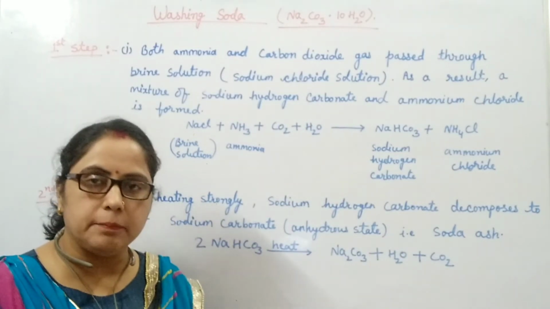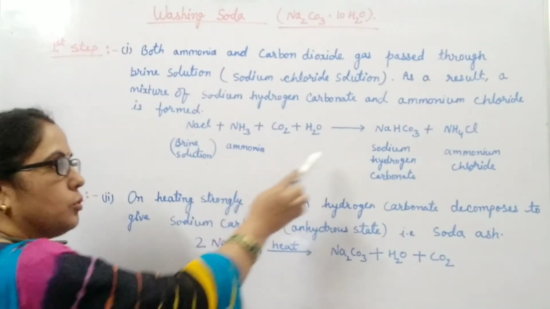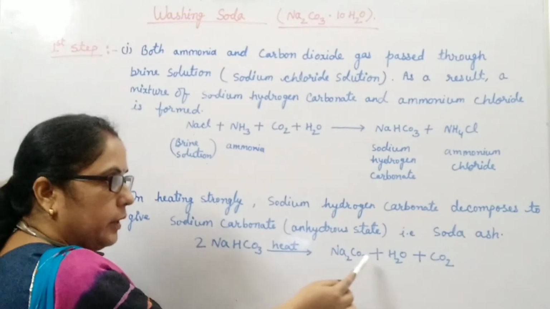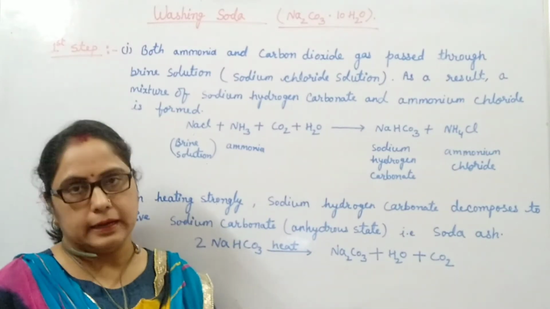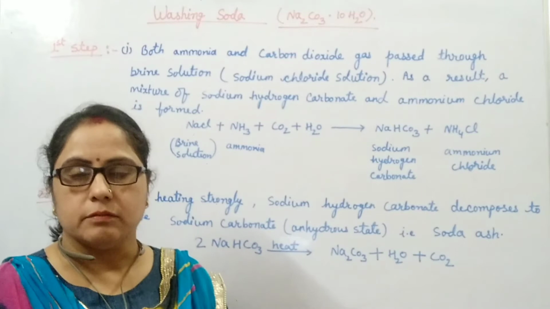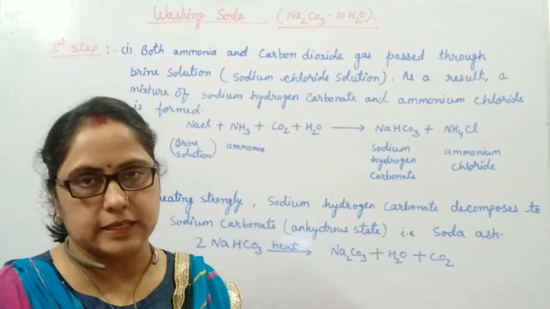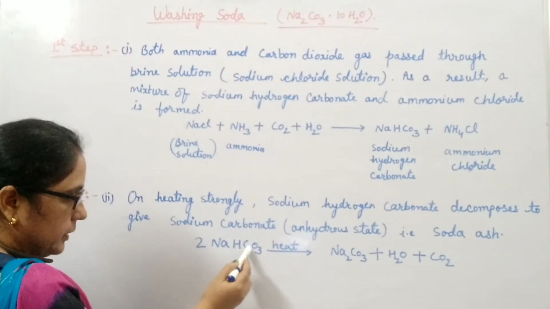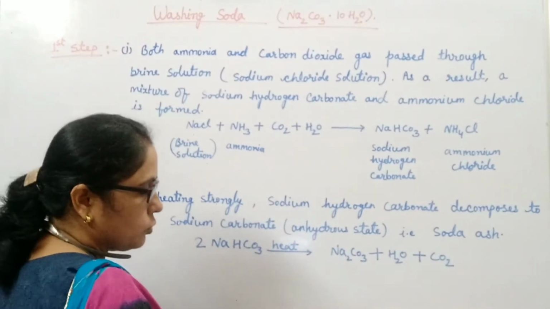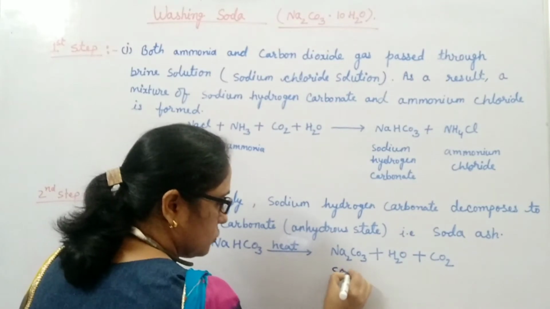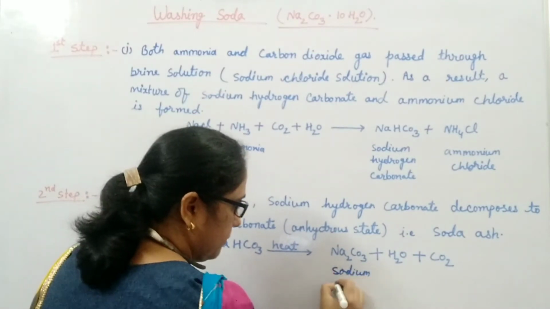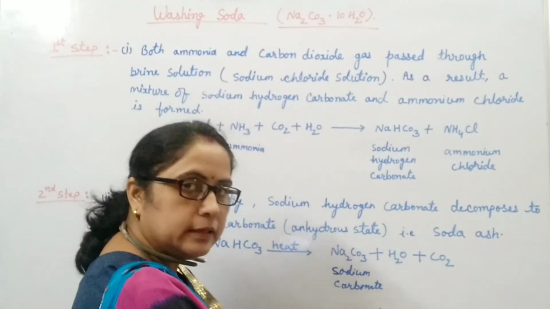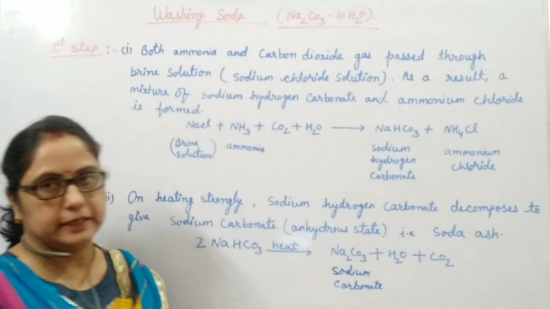In the second step, on heating this sodium hydrogen carbonate strongly, we get sodium carbonate in the anhydrous form, means without water molecules of crystallization. This is given here. On heating sodium hydrogen carbonate, we get sodium carbonate, water, and carbon dioxide.